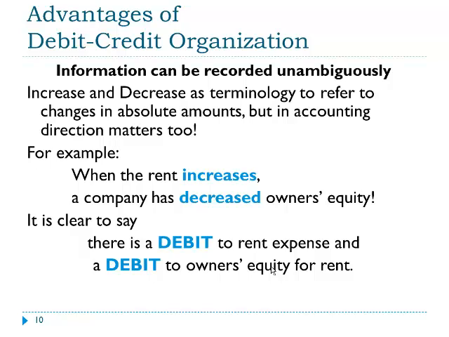So paying a higher rent expense means that we have less wealth in the company. And so these increases in expenses and decreases in owner's equity can get very confusing. But a debit to rent expense makes the expense larger, and a debit to owner's equity makes the wealth lower. It is exactly the same thing, and we have unambiguously identified what has happened.